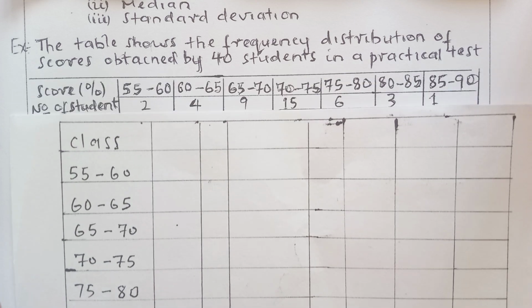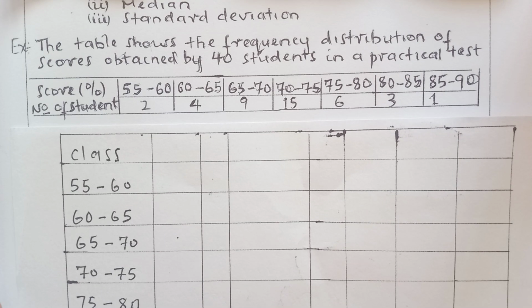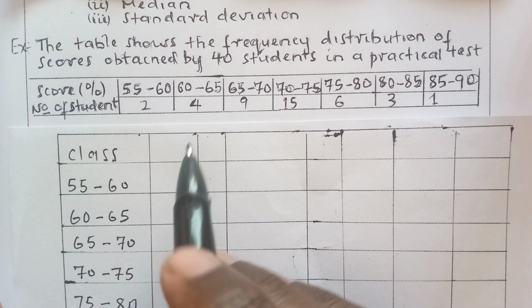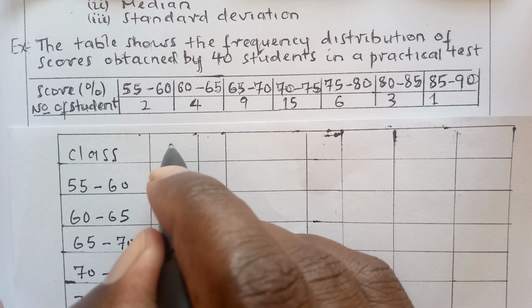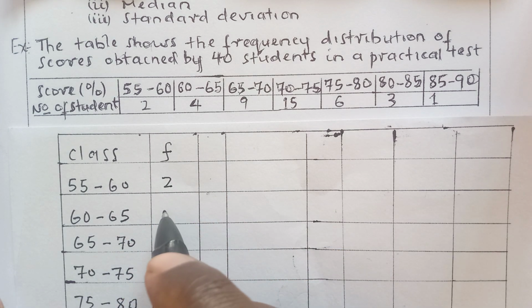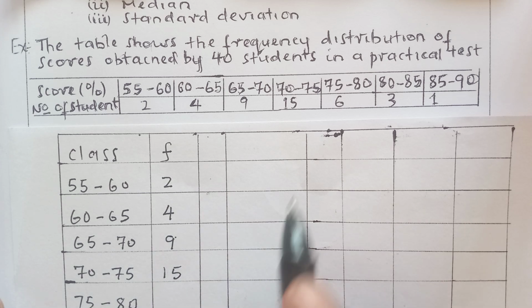And then I can now draw the number of students for each class. This one we call the frequency. So this one is going to be 2, then we have 4, 9, 15, 6, 3 and 1.